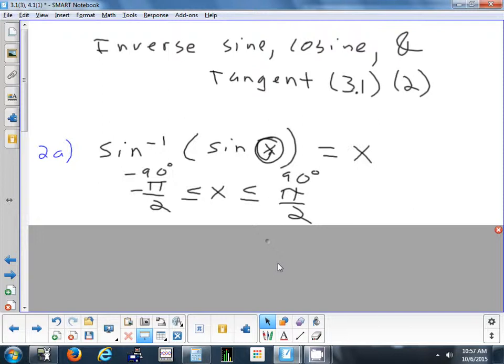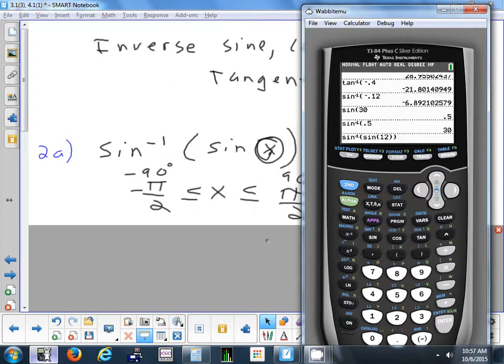It tells me I'm going to get x. Look where x is on the left-hand side. Ashley? Yeah, we're going to get whatever's right here, whatever's circled. We're going to get back 12. So inverse sine and regular sine cancel each other out, so long as you pick a number between negative 90 and 90.